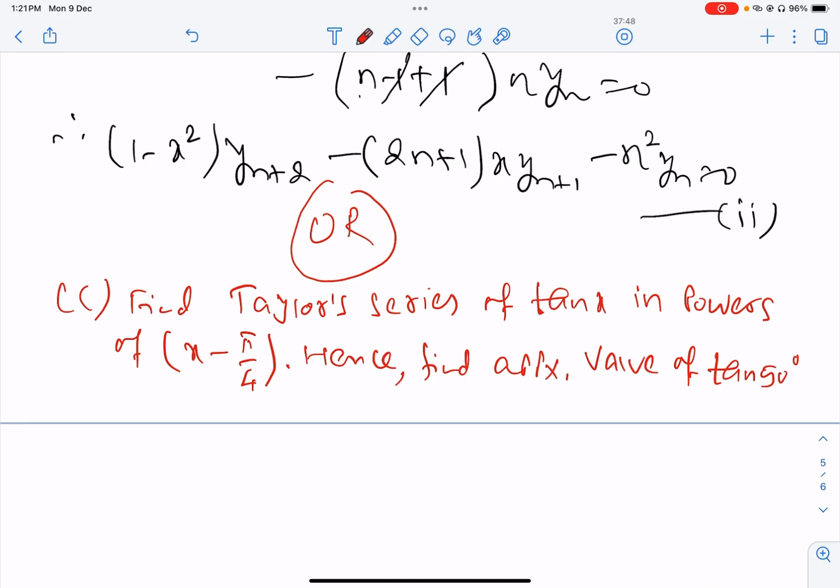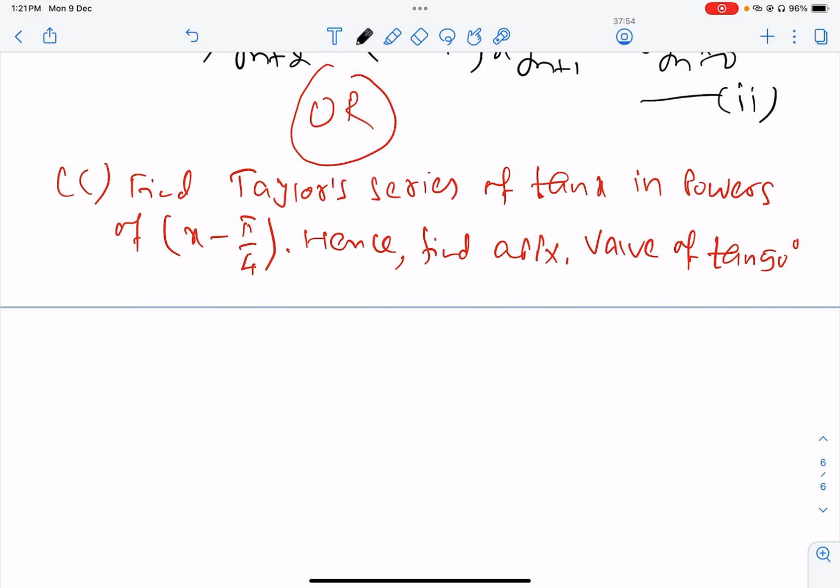Okay, so let us solve. So Taylor series of tan x in powers of x minus pi by 4. So here we know the Taylor series of f(x) in powers of x minus a. Okay, so that formula we have to apply.